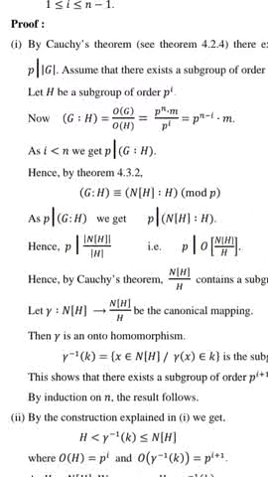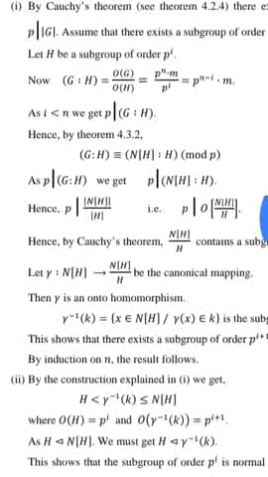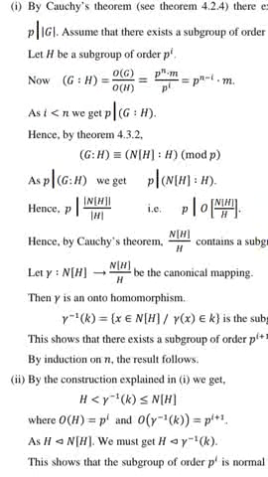Let H be a subgroup of order p raised to i. Therefore, the index of G over H is equal to the order of G divided by the order of H, which is p raised to n times m divided by p raised to i, equal to p raised to n minus i times m.